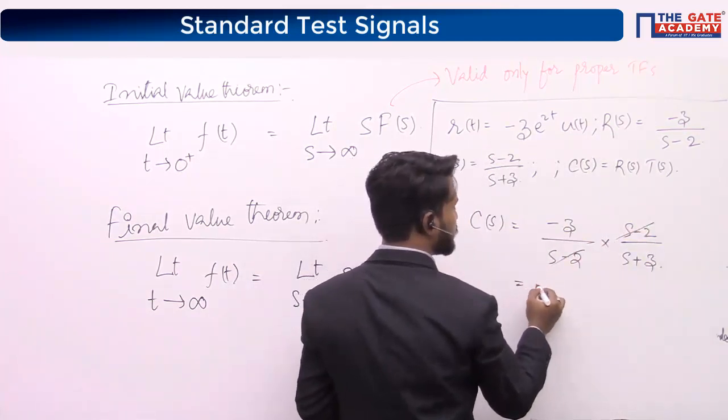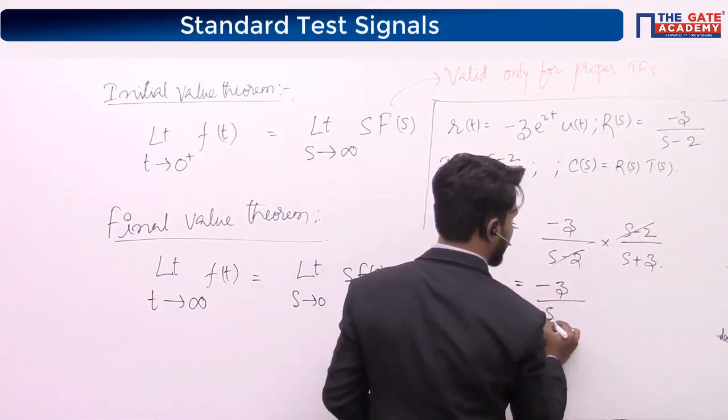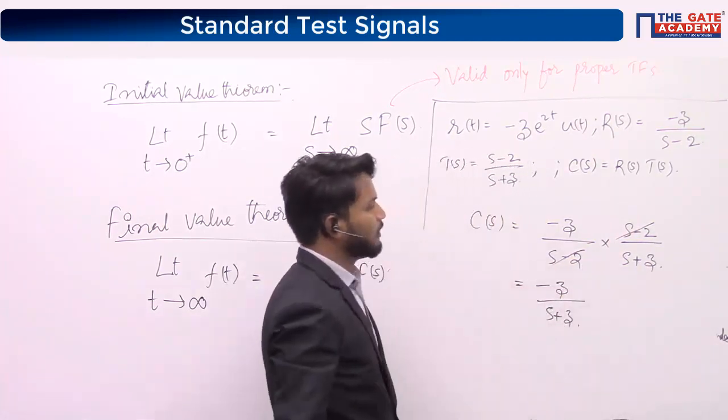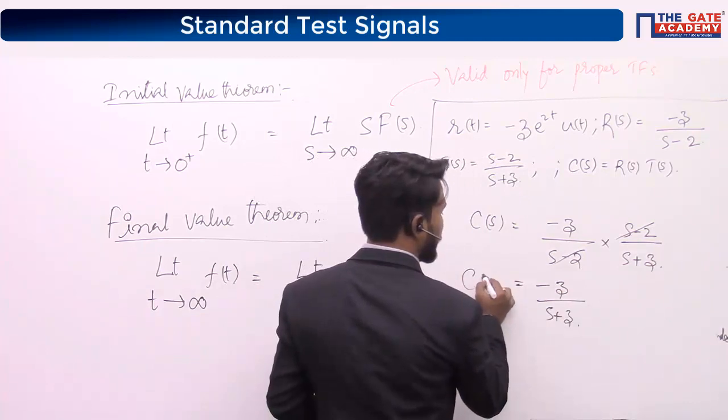Therefore, you cancel these two and you get minus 3 by s plus 3. So this is C of s.